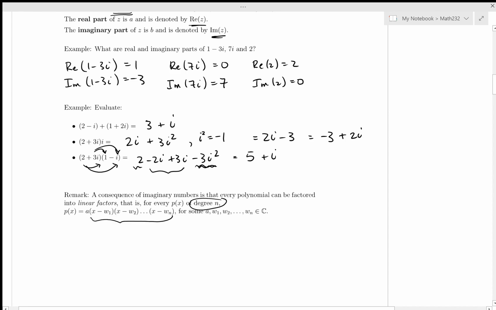There are n zeros. Okay, so that's fundamental. This is a statement of the fundamental theorem of algebra, always a major clue that you should pay attention. Over the complex numbers, a polynomial of degree n has n roots.